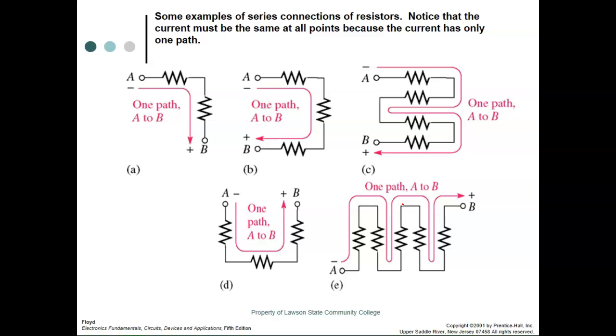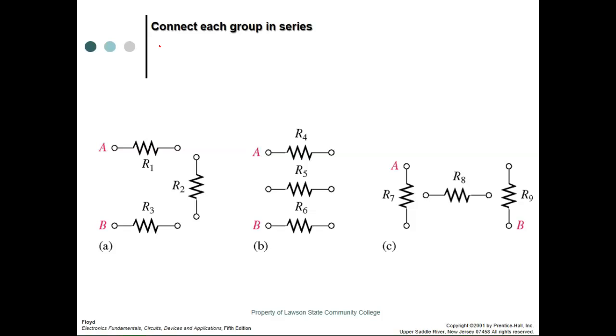Because it's a very compact way of putting 5 resistors in one space, or 4 resistors in one space. If you're trying to save space, it's the best way to do it. So if I was to connect these in series, there's about 7 or 8 different ways you can do this. You can do something like that.